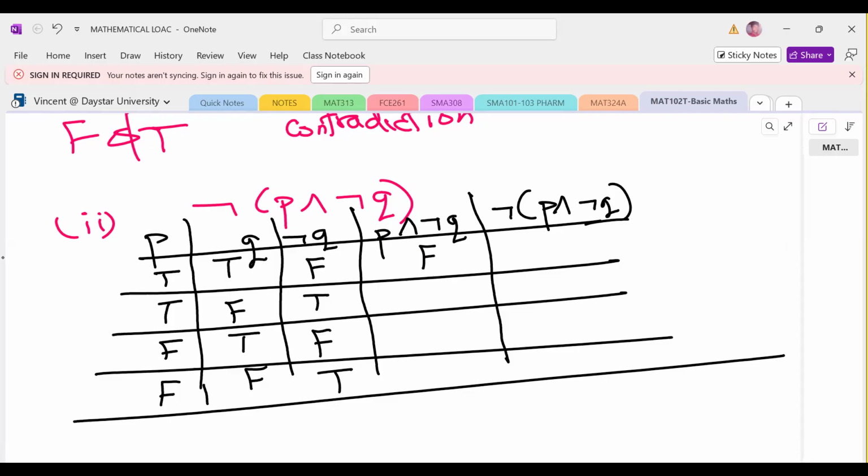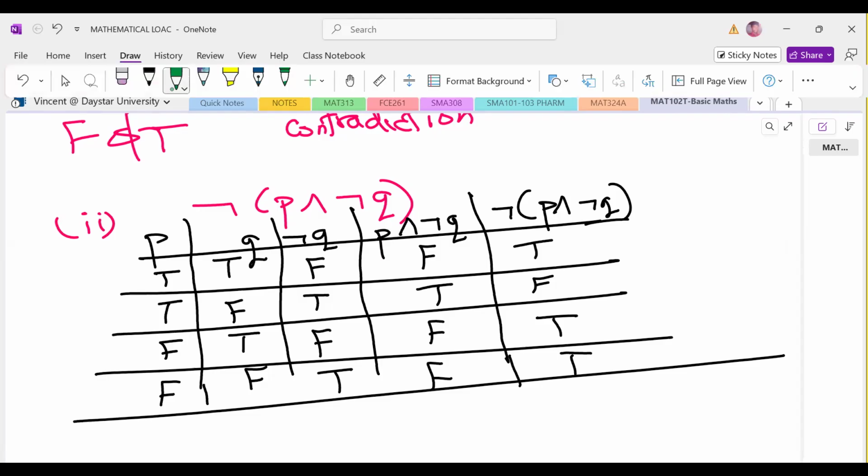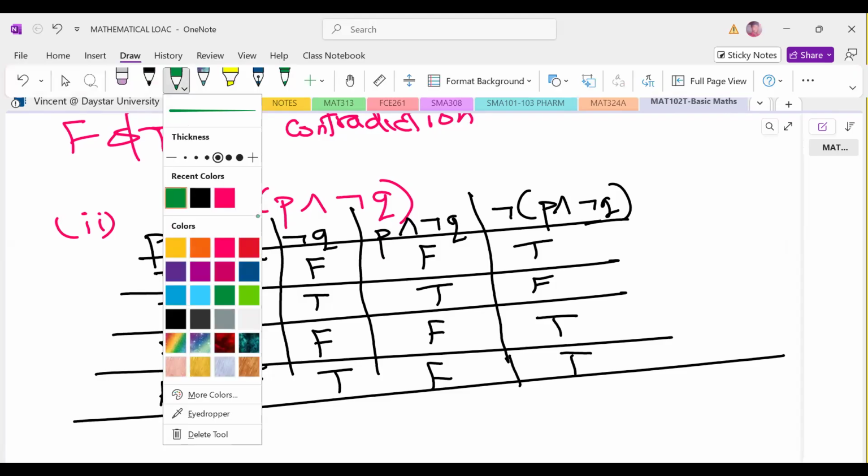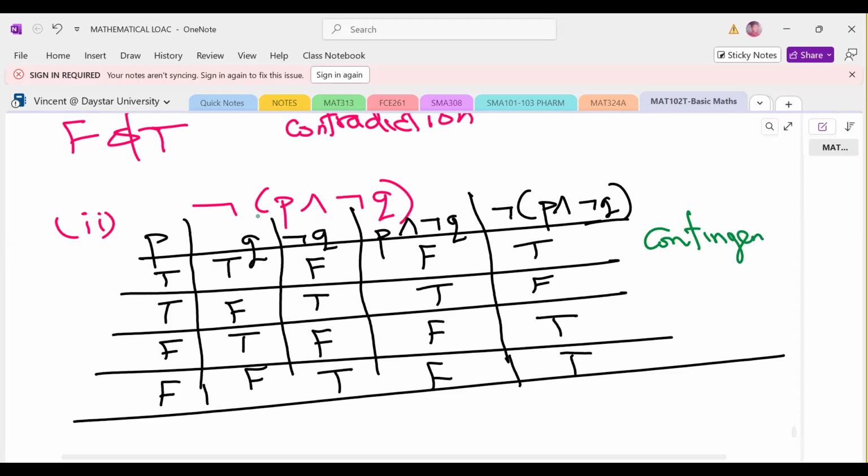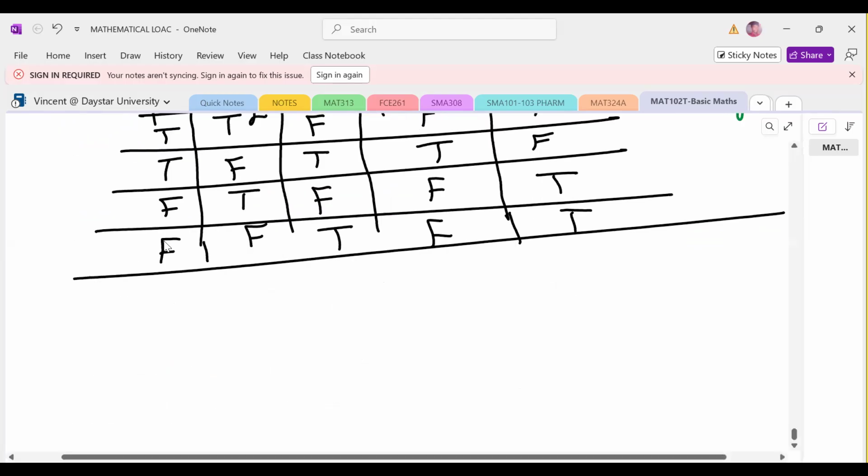F, followed by T, F, F, correct. Then these other one, lastly. Yes. T, F, T, T. Yeah, because this last column depends on the second last one, okay? Yeah, so then verdict, because we have mixtures of T's and F's, then these are contingency, not a contradiction or a tautology. Good.